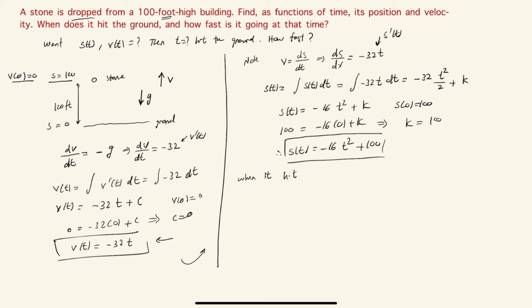Now, when is the stone going to hit the ground? Notice it's going to hit the ground at s equal to 0. So I'm going to use the position equation and plug in s of t equal to 0 and solve for the time.